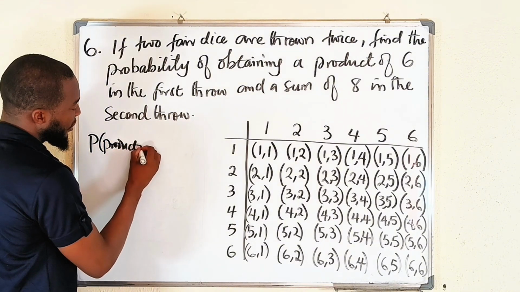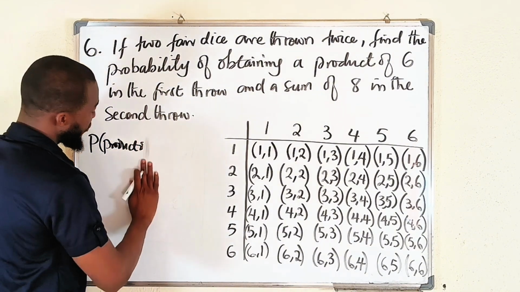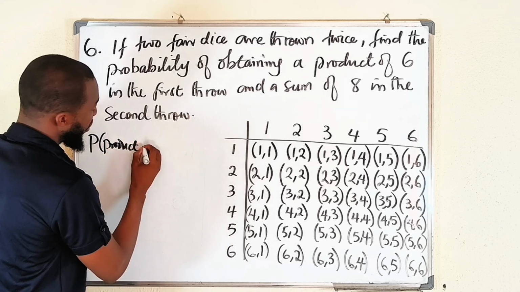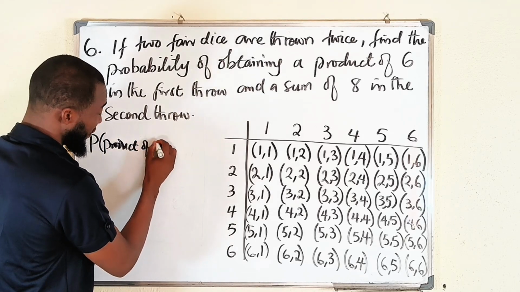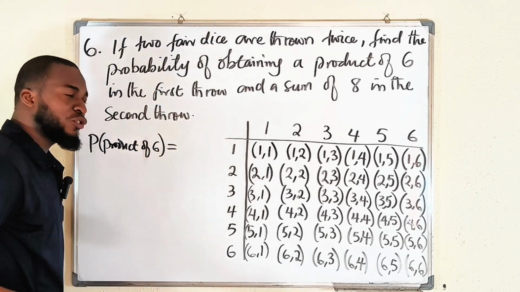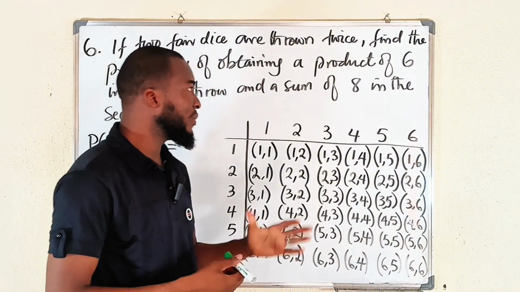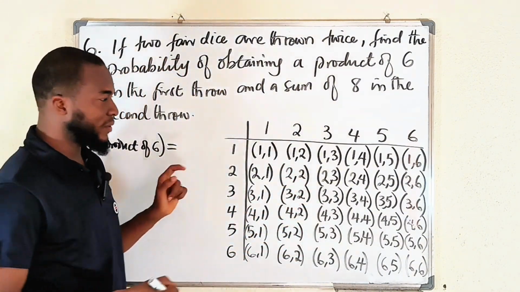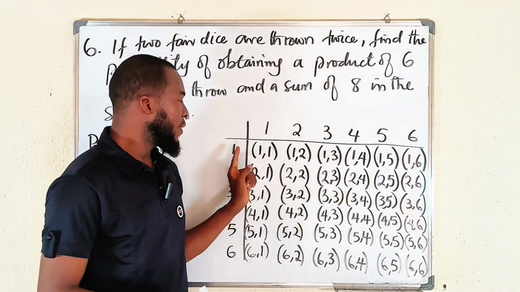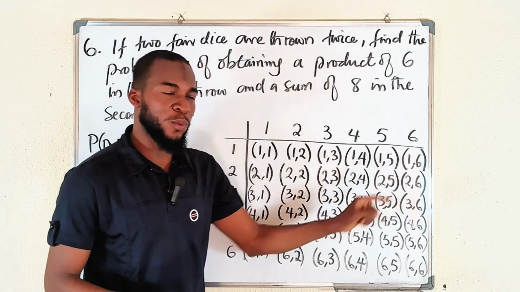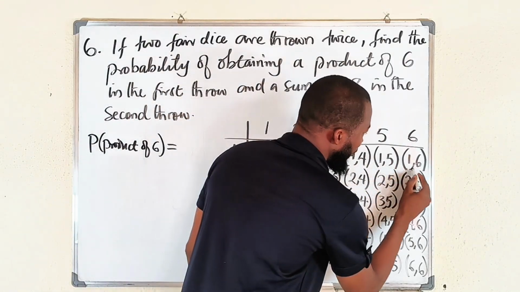So let me say the probability of getting a product of 6, that is the first one. So we should count the number of times this appears. We know that 1 multiplied by 6 will give us 6 because we are talking about product.